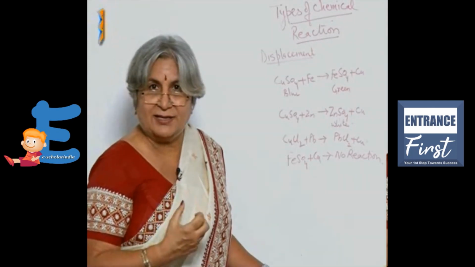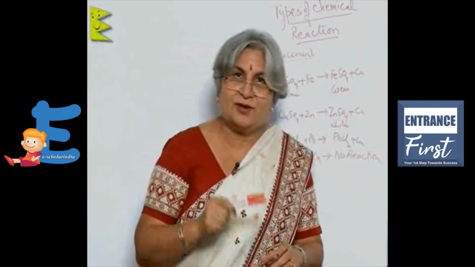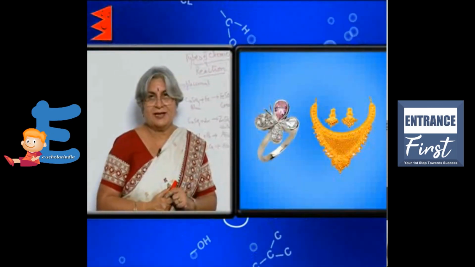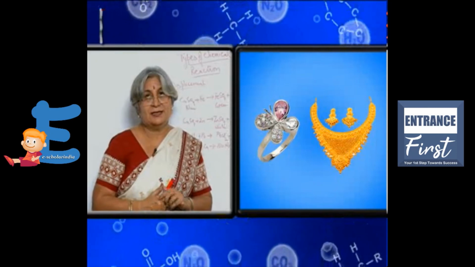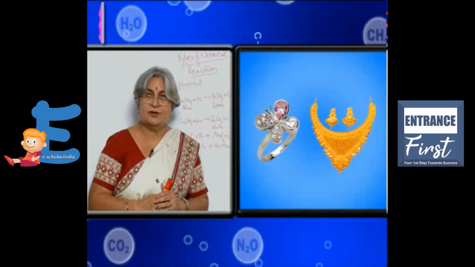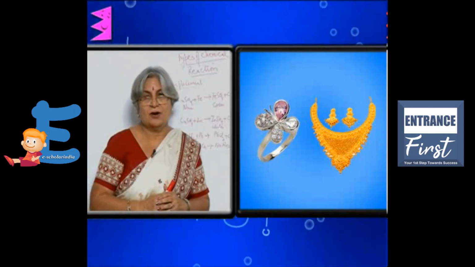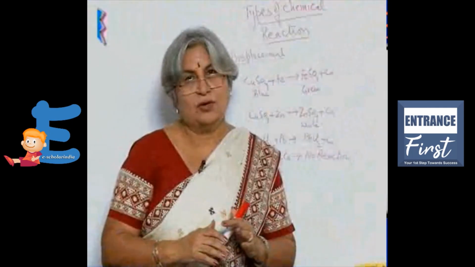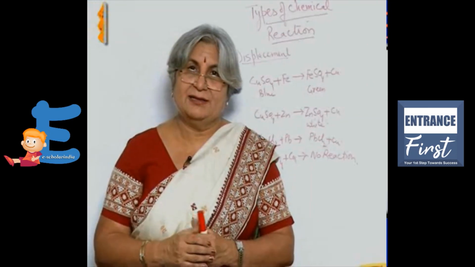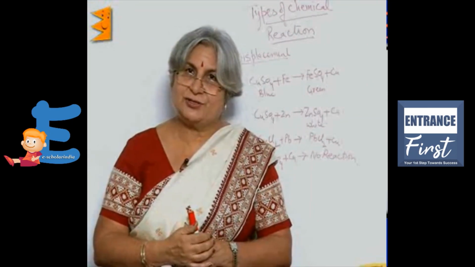Now what is the advantage? The advantage is in the case of noble metals, silver and gold. That is why especially gold is not influenced or affected by the presence of oxygen, water or acids, because gold is comparatively a very non-reactive metal. That is why it is valued so much.